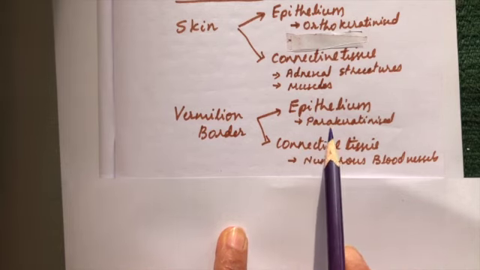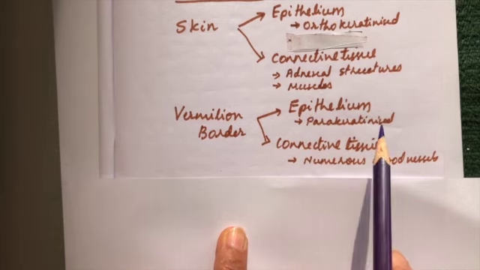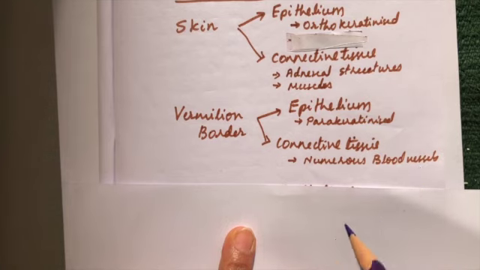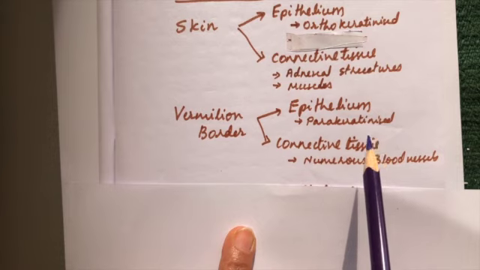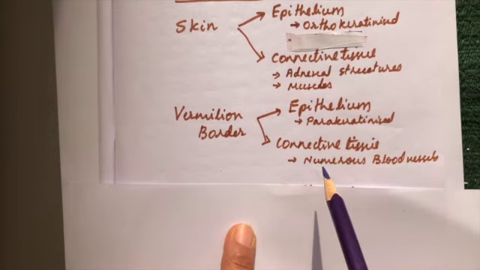Next is the vermilion border proper, which again has the epithelium and the corresponding connective tissue. The epithelium in this zone is parakeratinized, and the connective tissue contains numerous blood vessels; the connective tissue papillae going inside will contain a lot of blood vessels, and the epithelium in this region is very thin and has a particular element which I will be explaining later.